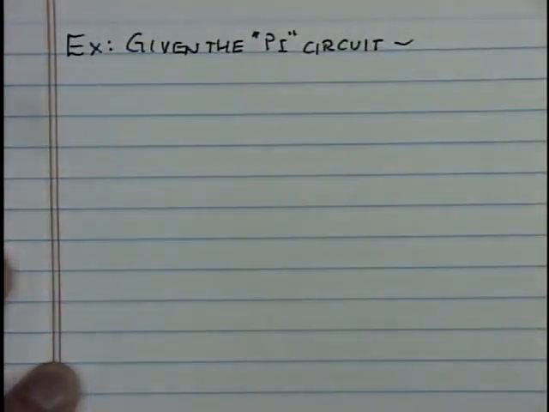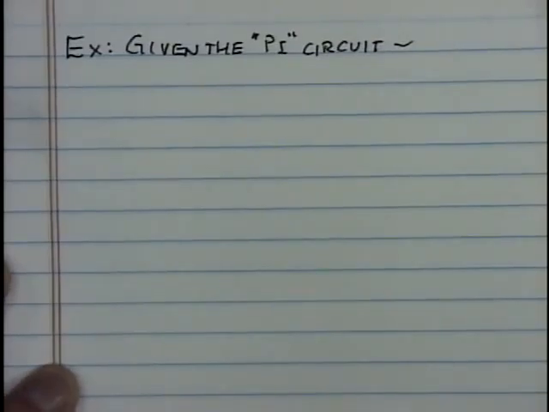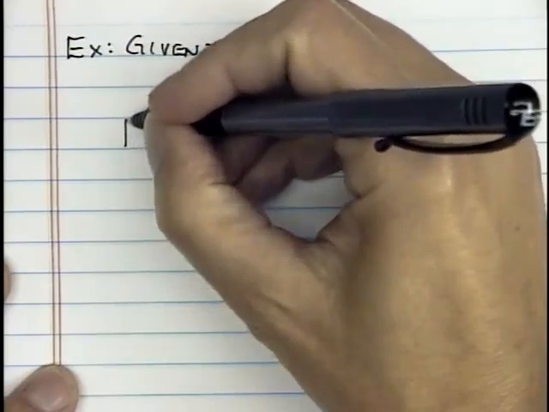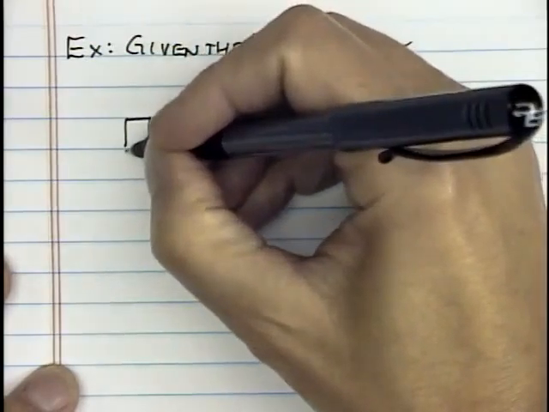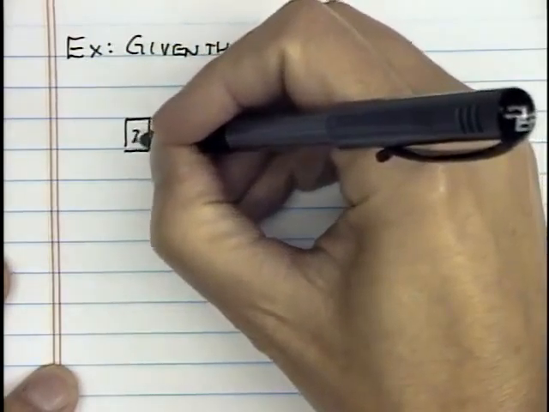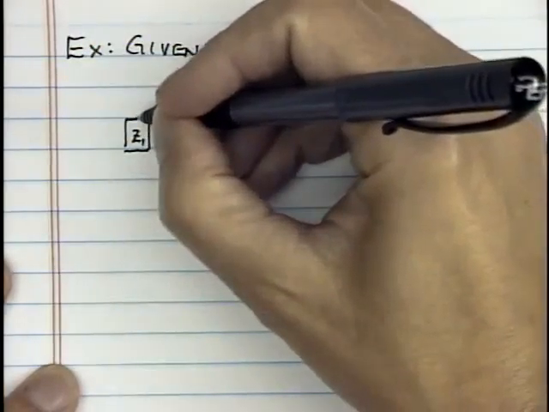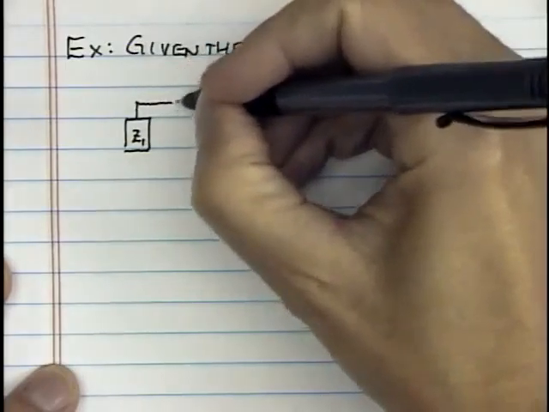Let's say that we were given a pi type arrangement of three impedances, Z1, Z2, and Z3. These are our general impedances.